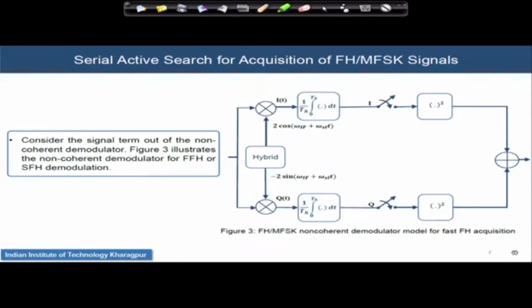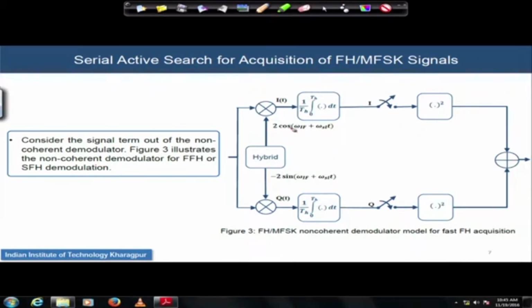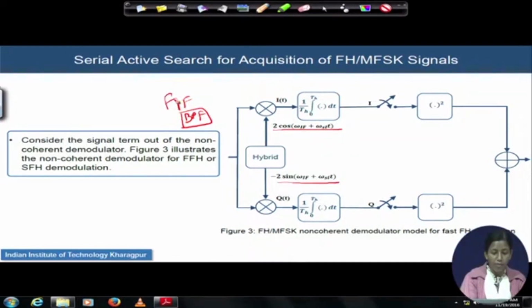Now we will enter the detector section. In the detector, the signal in the ith path as well as in the qth path is multiplied by the in-phase and quadrature-phase components. Remember, prior to the detector there was a bandpass filter, and the bandpass filter filtered the incoming signal at the frequency f IF, or equivalently omega IF, the term we have seen in z(t).